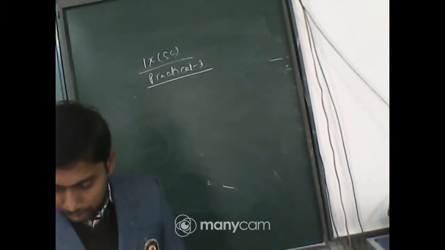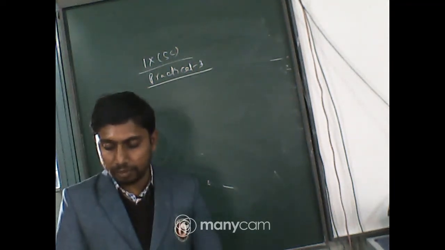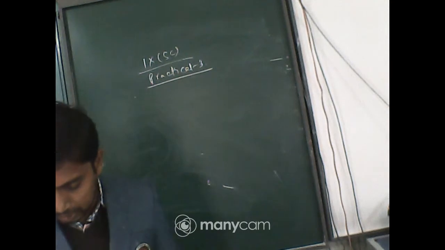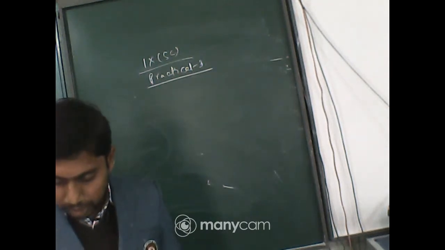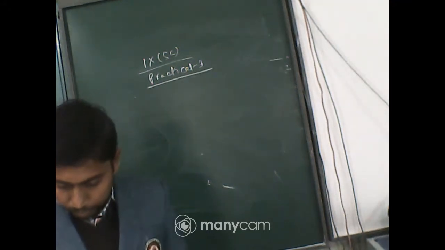Now, the aim is to carry out the following chemical reactions and classify them as physical or chemical change. Now, you know physical change, chemical change and types of reaction.